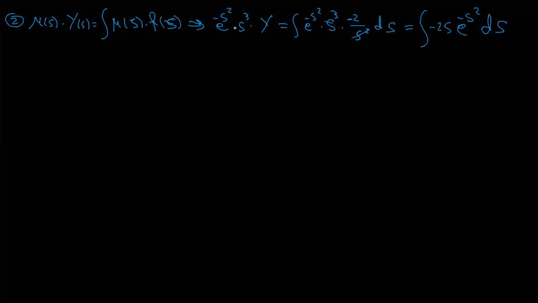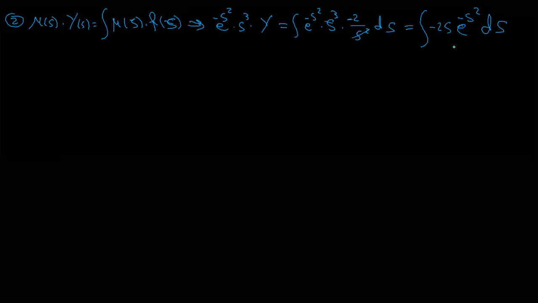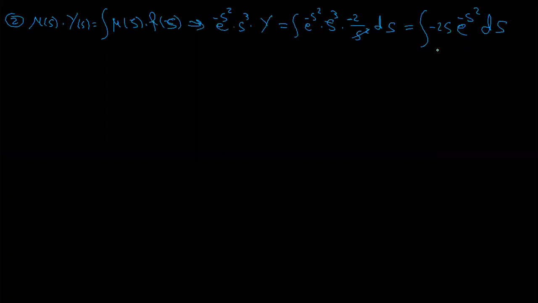How to integrate this function, negative 2s e to the negative s squared? It's very easy, by the way. Can anyone speak? Let u equal negative s squared.